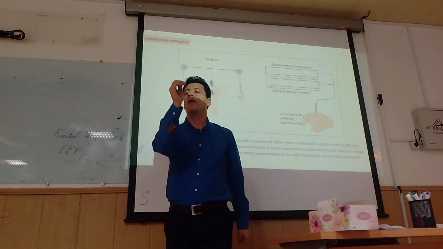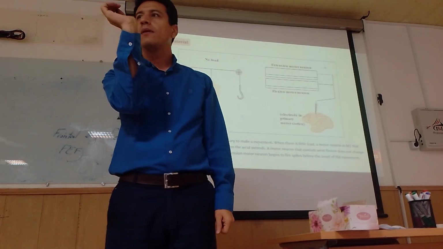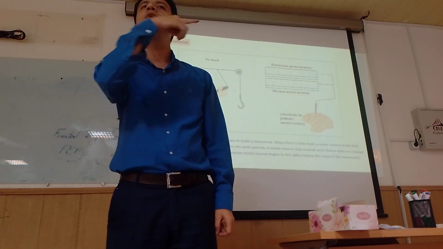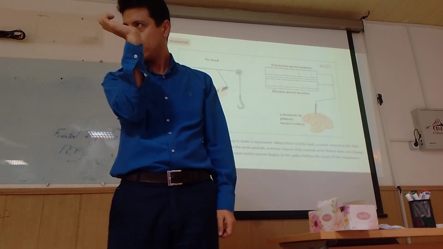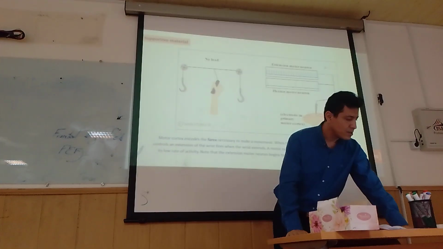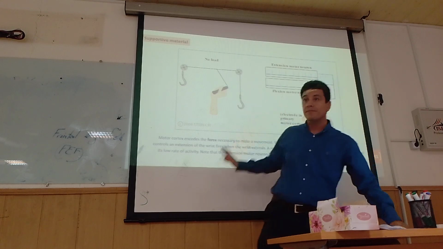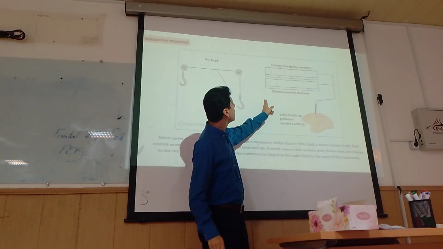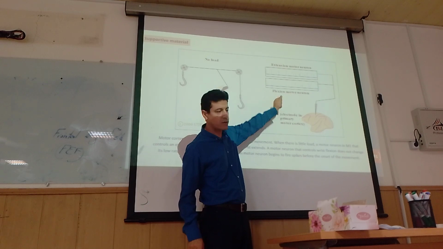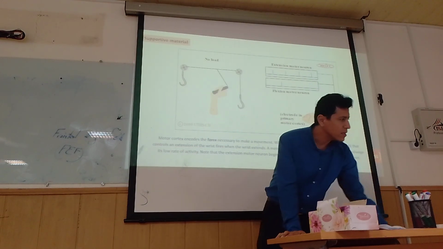Okay, so in order to extend the wrist, immediately before that, we need higher activity in neurons involved in extension. Right? Another one. So what happens to the flexor neuron? Let's see. It's the resting state. Nothing happens here.